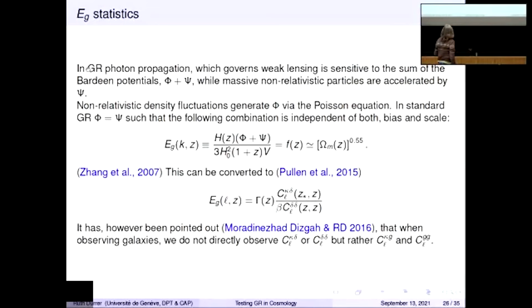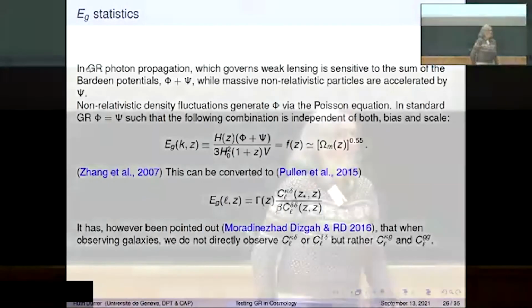So what would be interesting would be to measure this quantity here. What are these two potentials? In general relativity, in principle, you have two different potentials. One determines the time-time part of the metric, and the other the space-space part of the metric. And they needn't be the same.